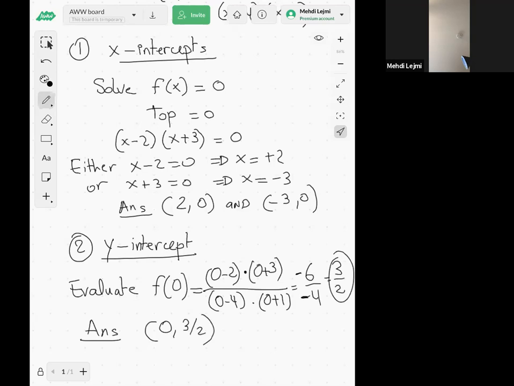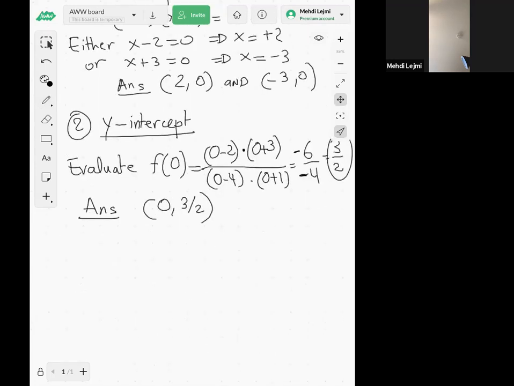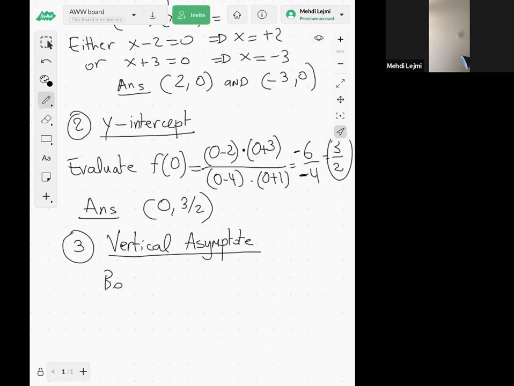The vertical asymptote, we said that's where the bottom is equal to 0. So that's where the bottom is 0. And the bottom is x minus 4 times x plus 1.